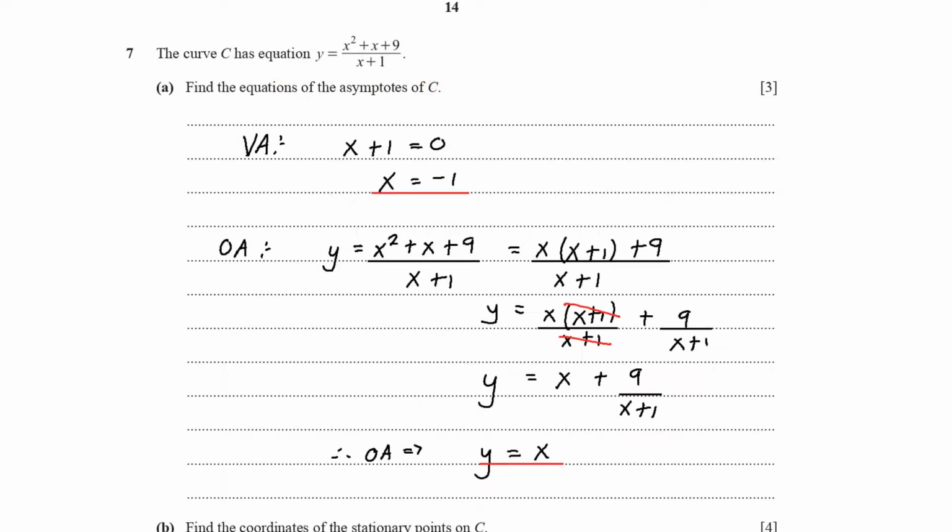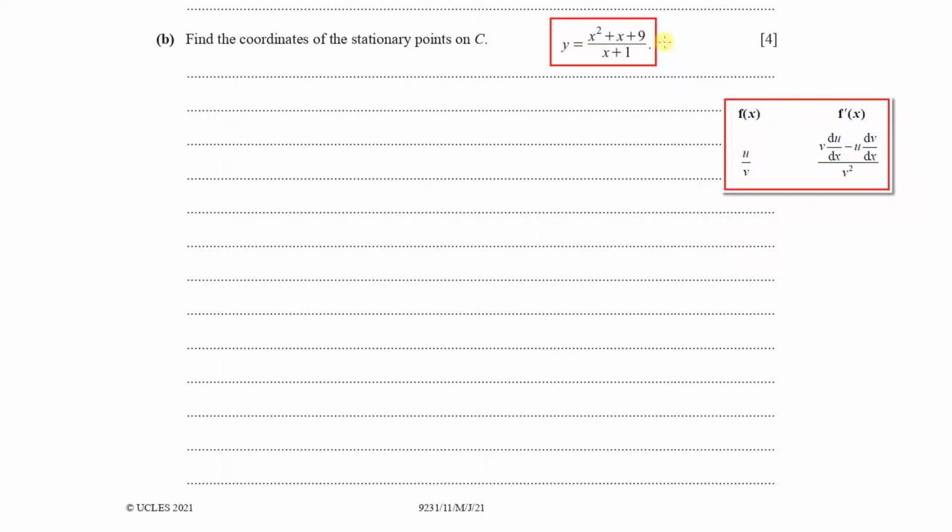On part B, it goes, find the coordinates of the stationary points on C. Now I'm going to take the equation of the curve C. So this is the equation of C, and I'm going to find dy/dx. I'm going to use the quotient rule, where I'll take the numerator to be u and the denominator to be v.